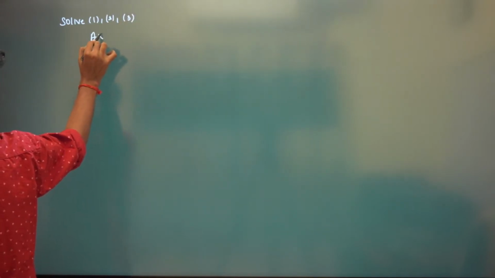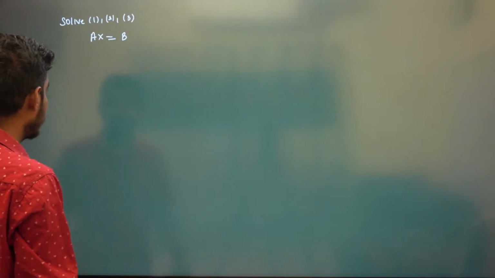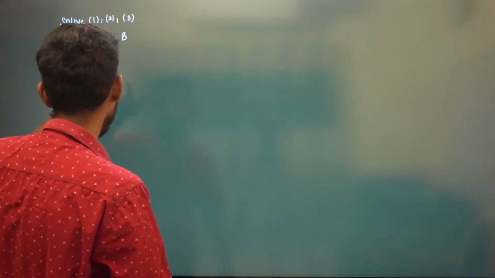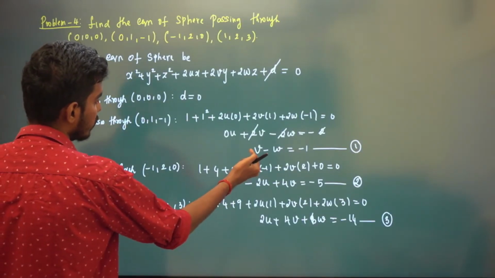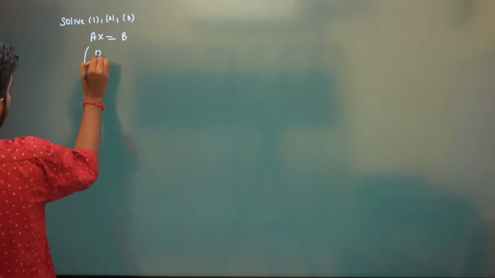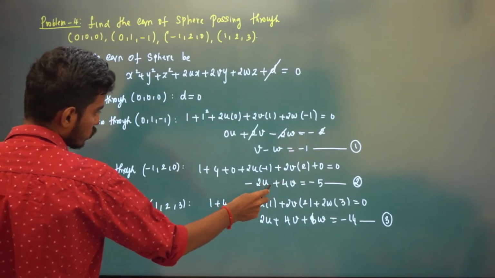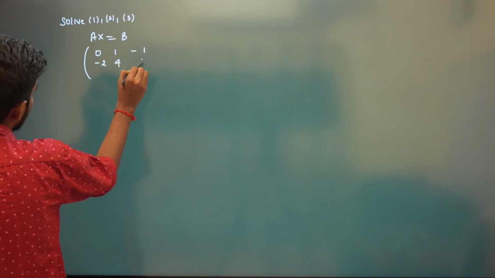This is a non-homogeneous equation because b is not equal to 0. Here x is the unknown (u, v, w), and A is the coefficient matrix. So u is 0 here: 0, 1, -1. For the second, -2, 4, 0.